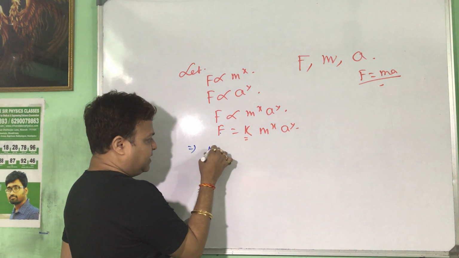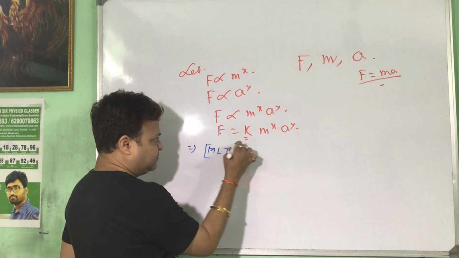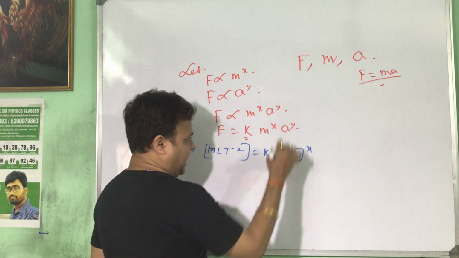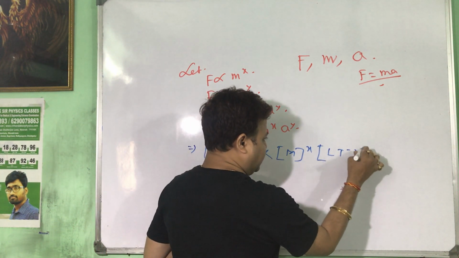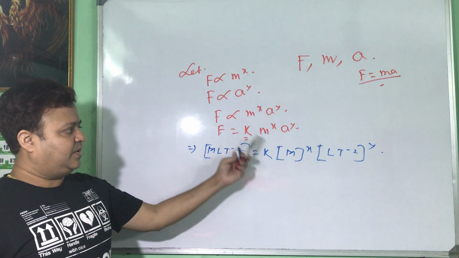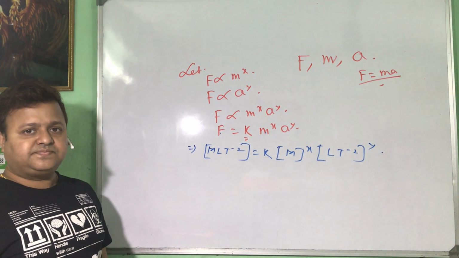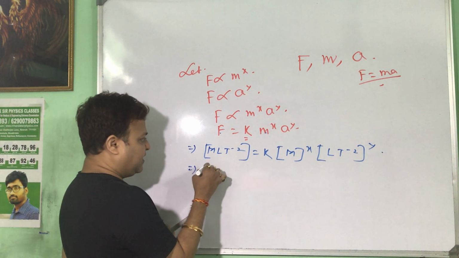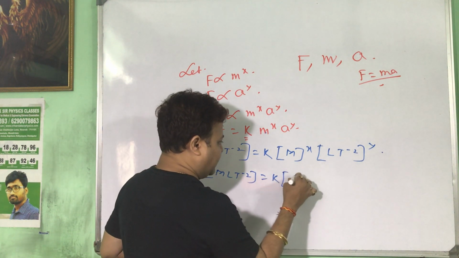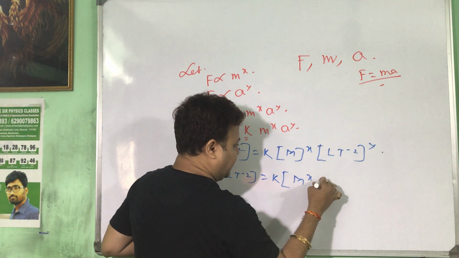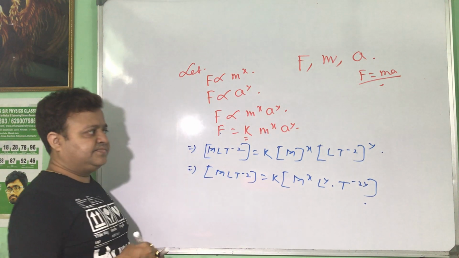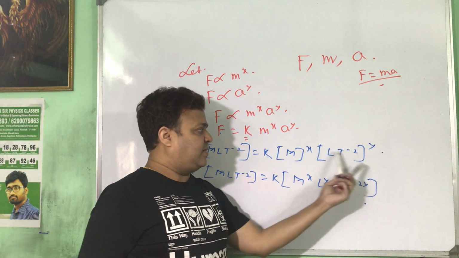This is force, that is MLT to the power minus 2, equal to k into m to the power x, acceleration LT to the power minus 2 to the power y, or MLT^-2 = k into M^x, L^y, T^-2y.